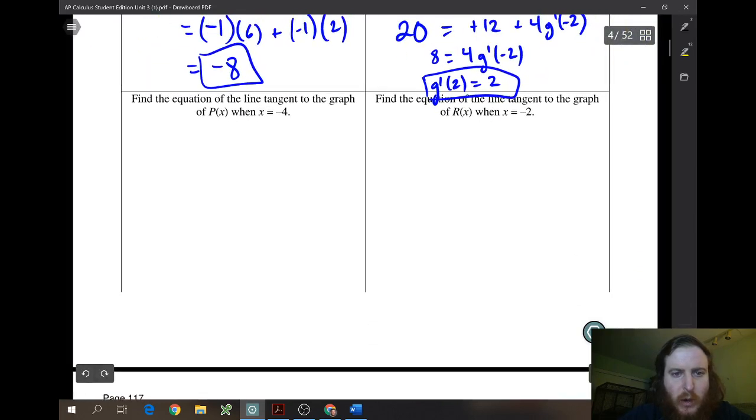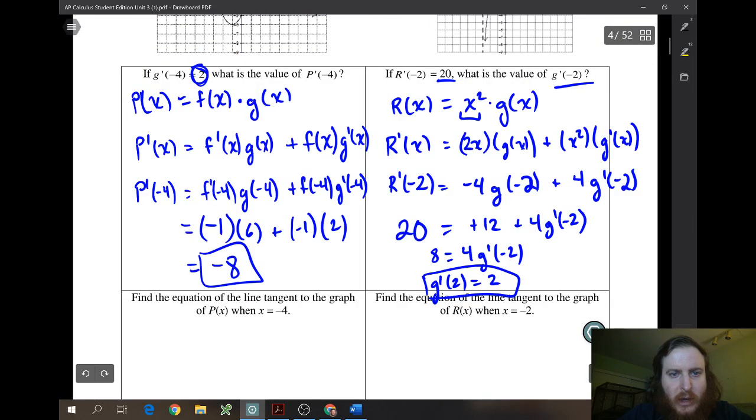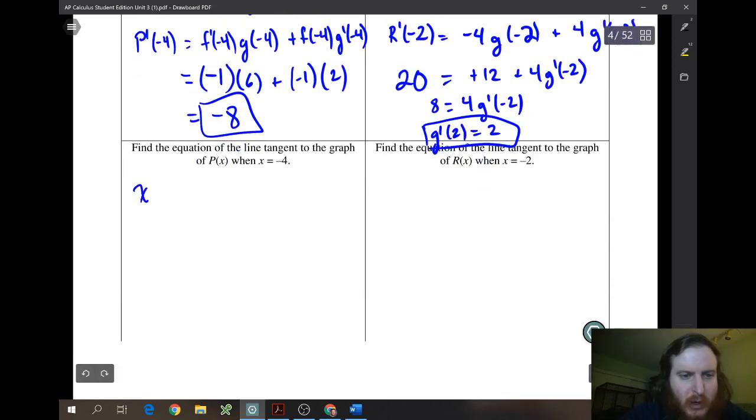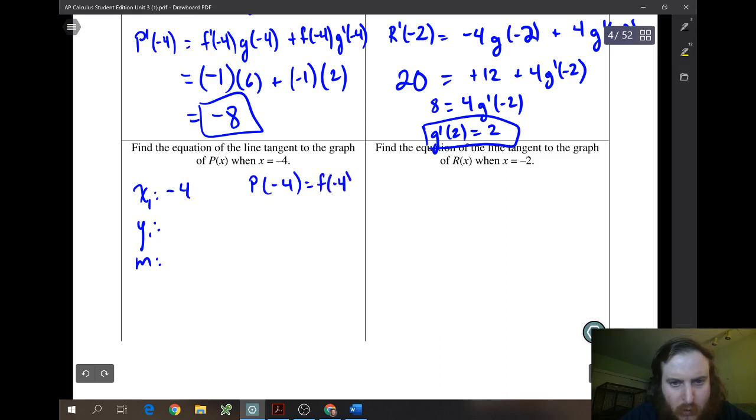Okay. Find the equation of the tangent line to the graph of p of x when x equals negative 4. So we're going to just use what we have up there, but just kind of practicing, right? x1, y1, and m. So x1 is going to be negative 4. Now, y1 is going to be p of negative 4. So we've got to be careful with this. p of negative 4 is f of negative 4 times g of negative 4. We go back to the original, right?